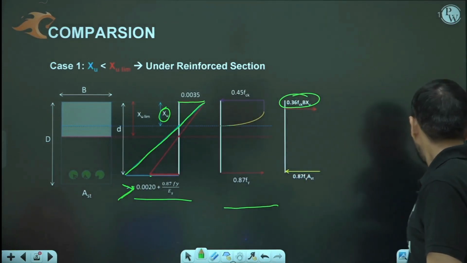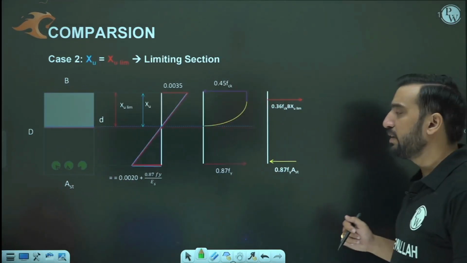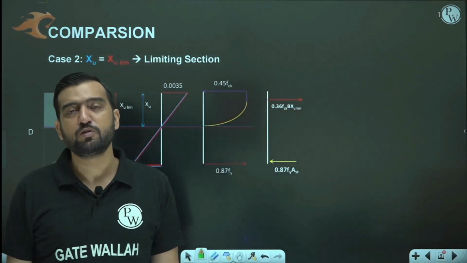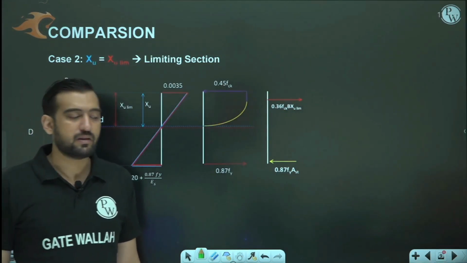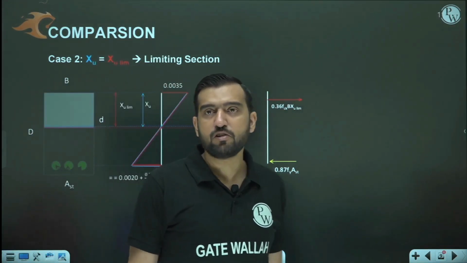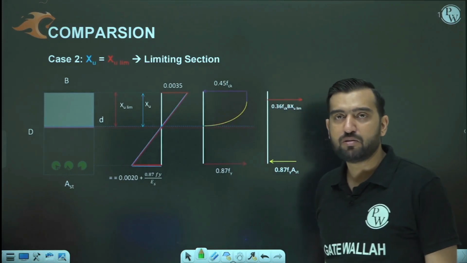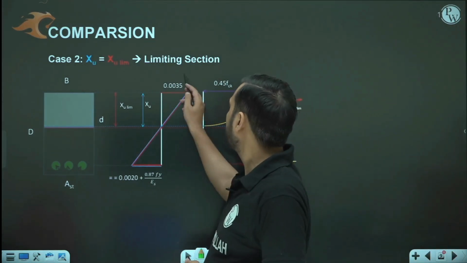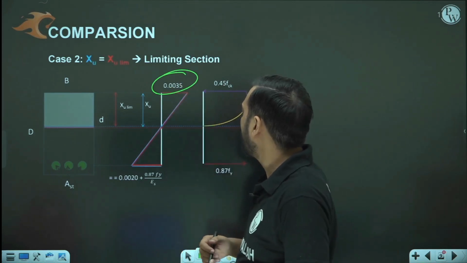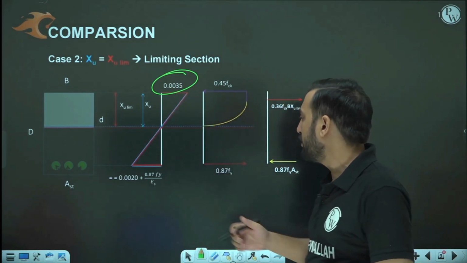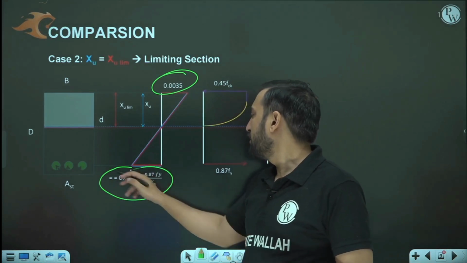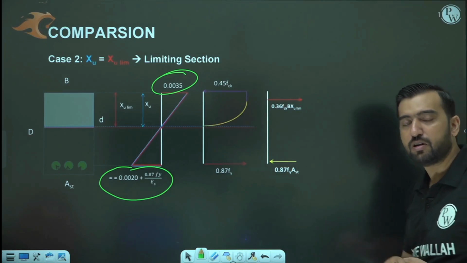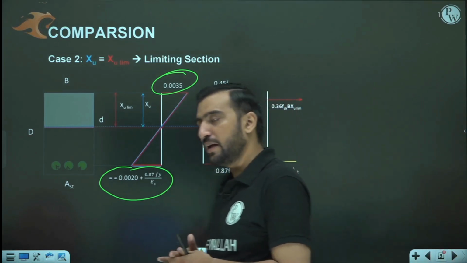Next is, my dear friend, the second case. Case number 2 is the limiting case, when your actual and limiting depth of neutral axis are the same. It means that the actual scenario is matching with the limiting or balanced scenario. Here the quantity of steel is such that whatever is the maximum strain developed at the time of collapse, and whatever is the strain developed at the CG of the steel reinforcement at the time of collapse, matches their permissible values, or those values which have been set by the IS code.